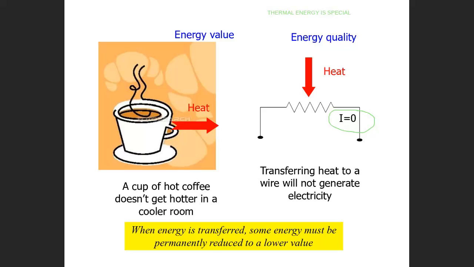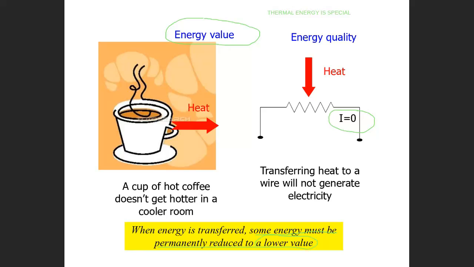So this means energy has its value. A hotter object has a higher energy value. And when energy is transferred from one form to the other, some energy must be permanently reduced to a lower value.